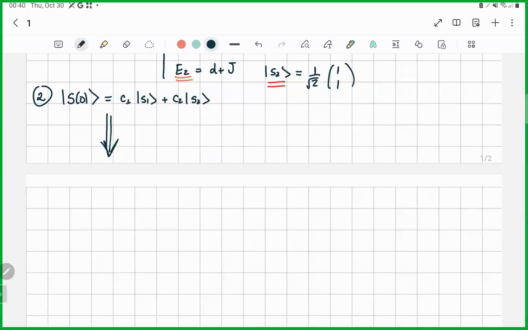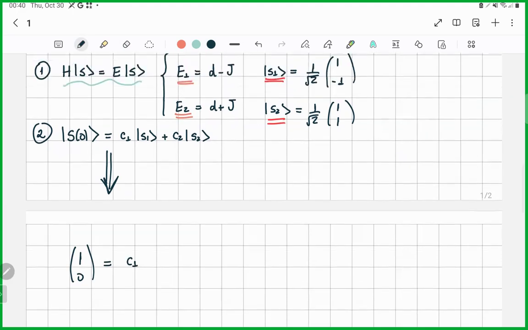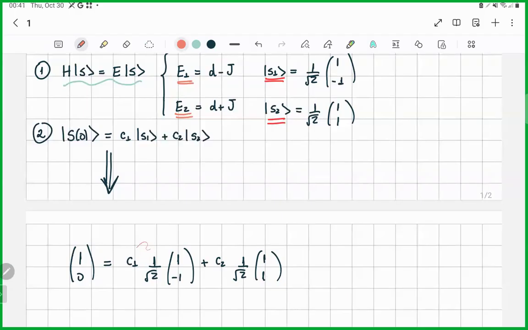What do I know? I know that my initial state is this vector 1, 0. I have to find C1. I don't know yet what it is, but I know what S1 is. S1 is this 1 and minus 1. And I have to find C2, and I know what S2 is. 1 and 1. So straight from this equation, you would be able to find your coefficients C1 and C2.